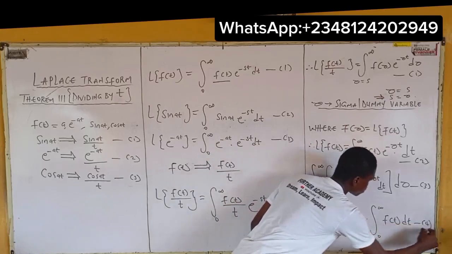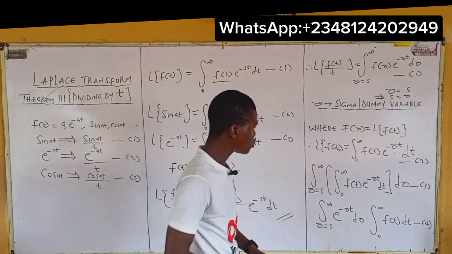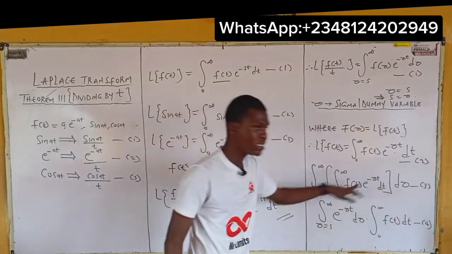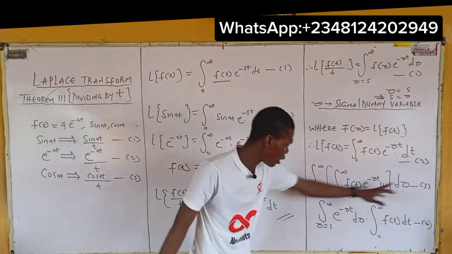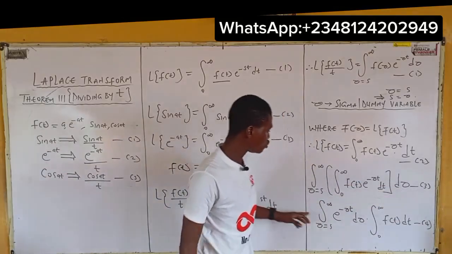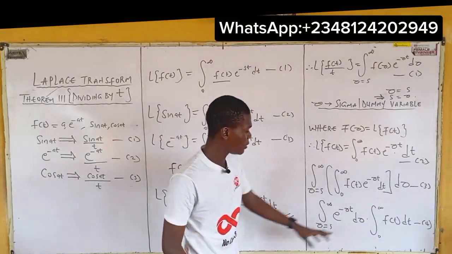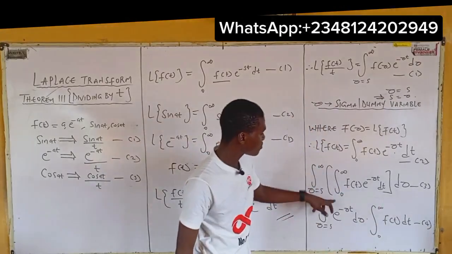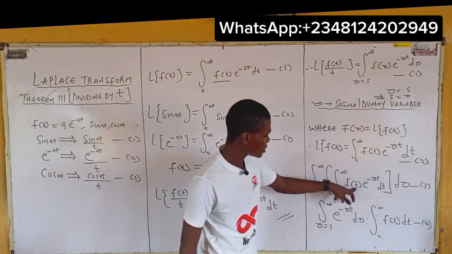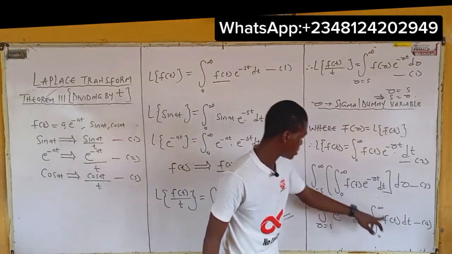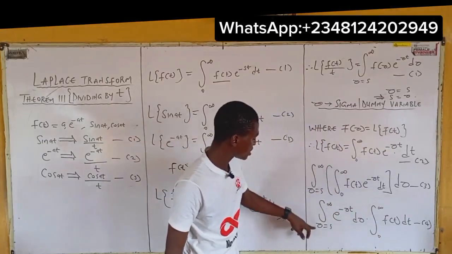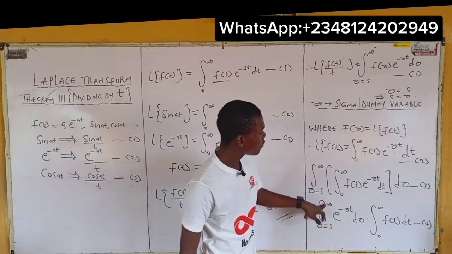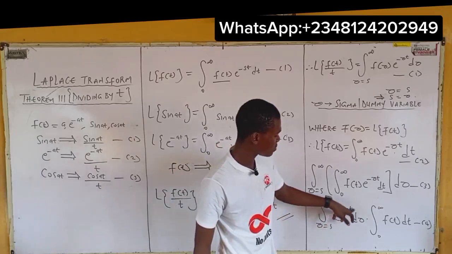Say this is equation 4. Observe the difference between equation 3 and equation 4. What we only did was expand, separating the function of sigma from the function of t. You have the integral from 0 to infinity f of t dt, then the integral from sigma equals x to infinity of exponential negative sigma t d sigma.